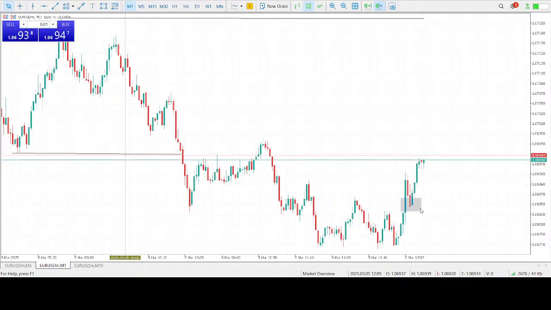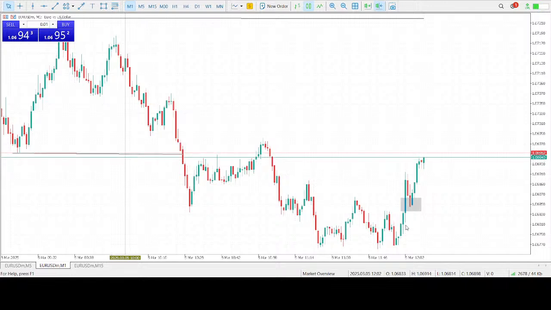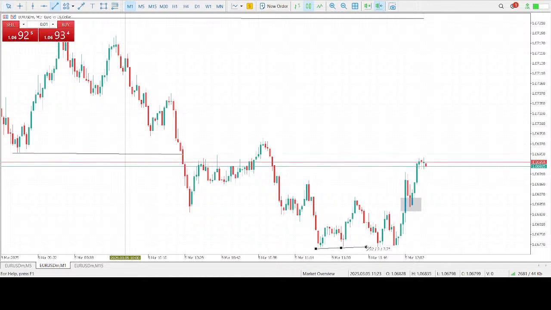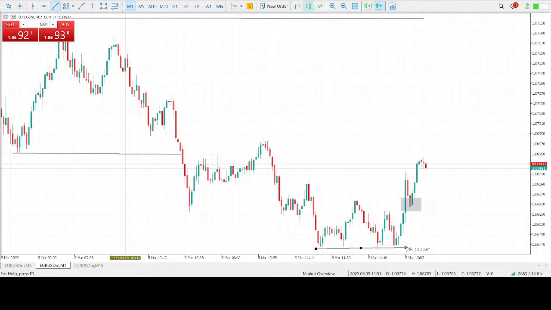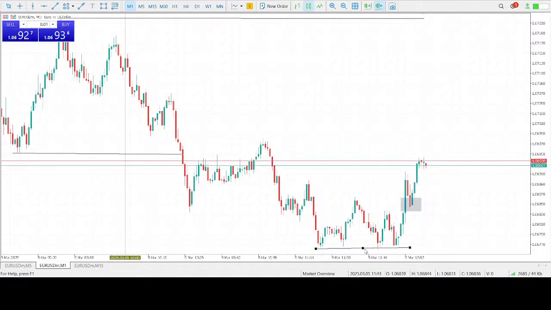We would want to see price staying beneath this if we are to have the ideal, because there were relative equal lows that were here as well. Yes, okay, there are these that have been left down here.